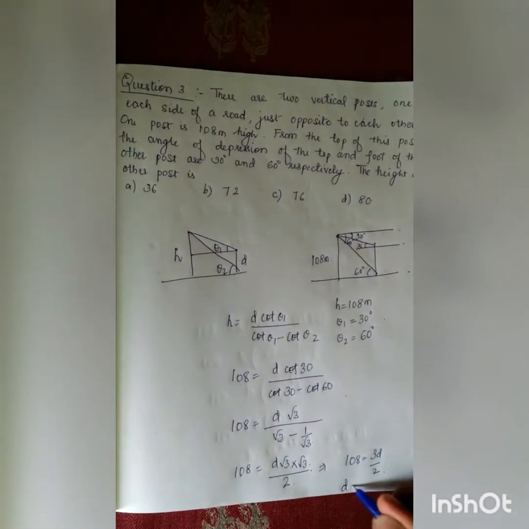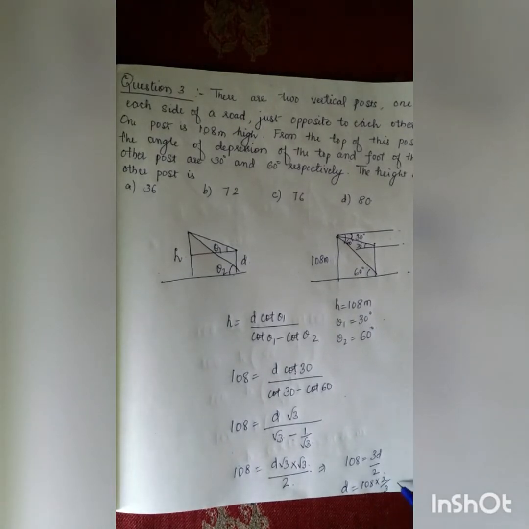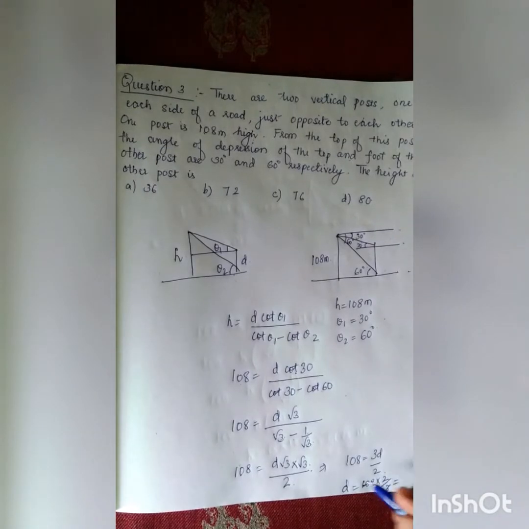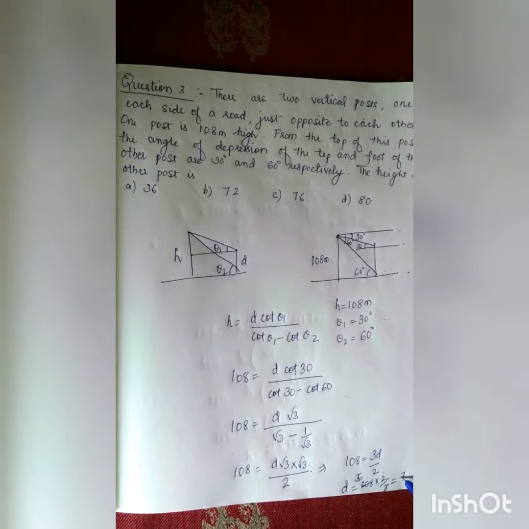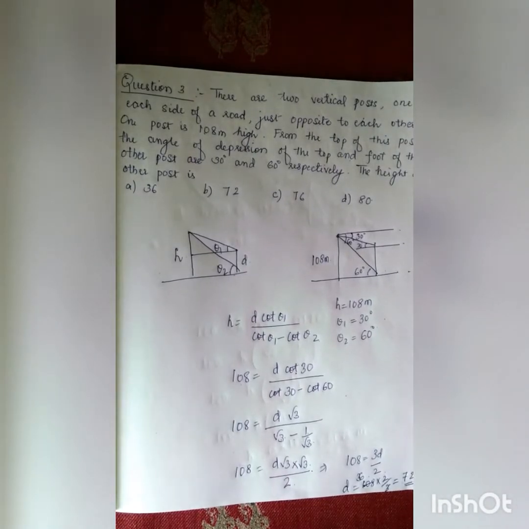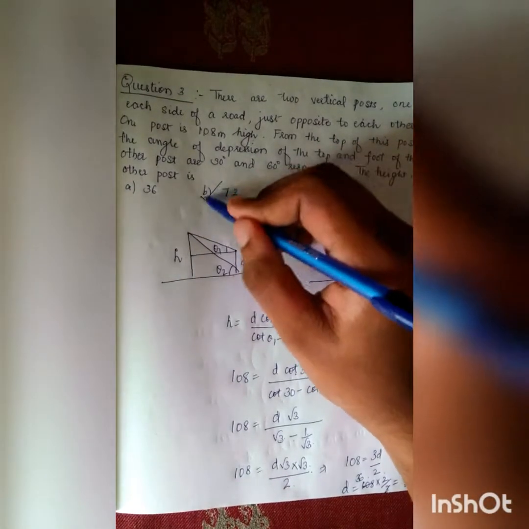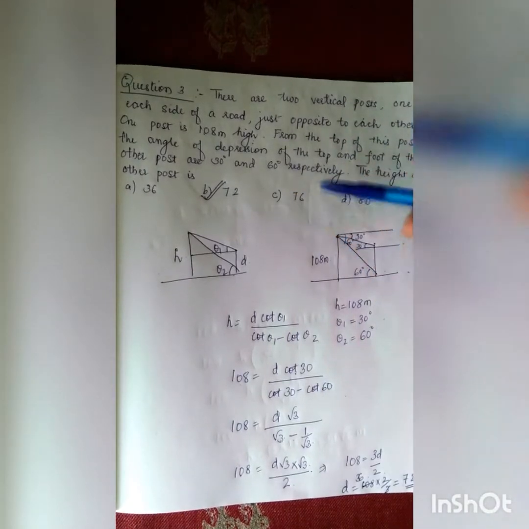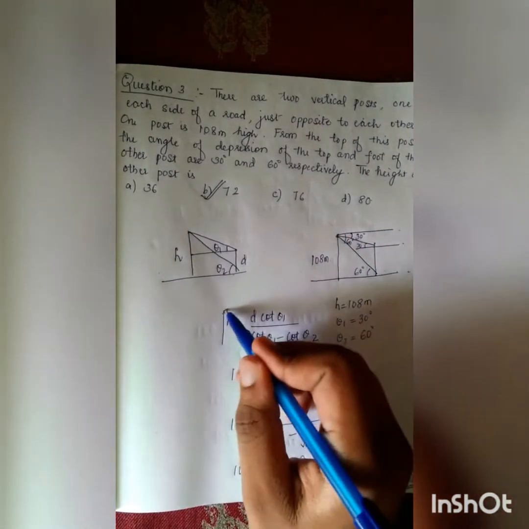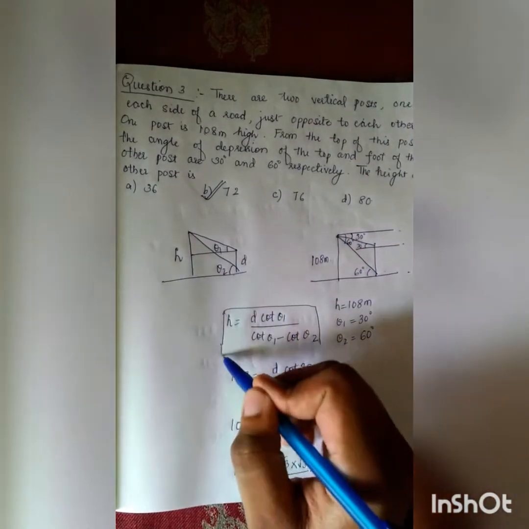So d value comes is equal to 108 into 2 upon 3, which is equal to, we can cancel with 3, so we have 36 into 2. We have the answer d is equal to 72. So the correct answer is d is equal to 72. So this is the shortcut when we use in this type of problems.